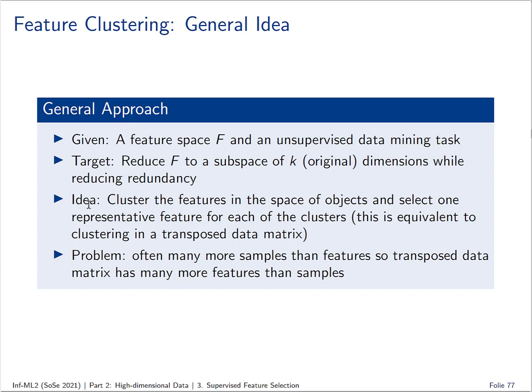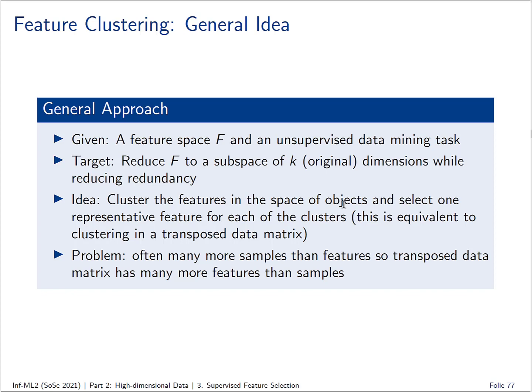And the idea of feature clustering is, as the name probably suggests, to cluster the features in the space of objects. So we just transpose the data matrix and take the original features as objects, and the objects, the observations, as features, and then cluster the features.